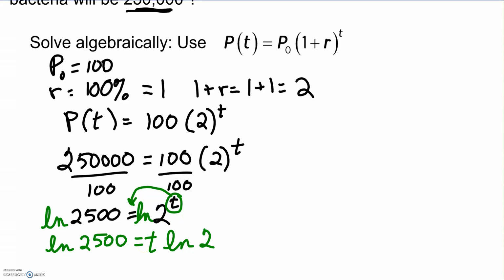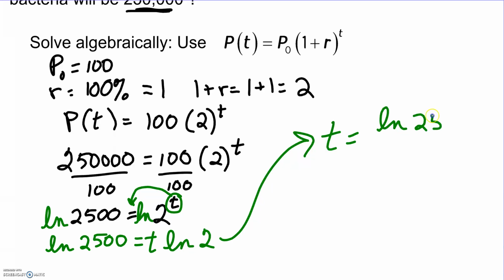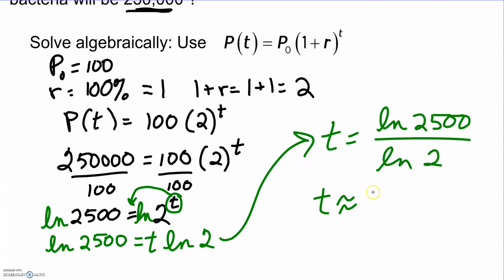And we'll talk about in a later section, we'll review why that is the case, but for right now, just kind of accept it and move on. So then now that I've done that, I can say that t is equal to the natural log of 2,500 over the natural log of 2. And then just put that into your calculator, and you should get about 11.287. And remember, we were doing t in hours, so that would be our result there.